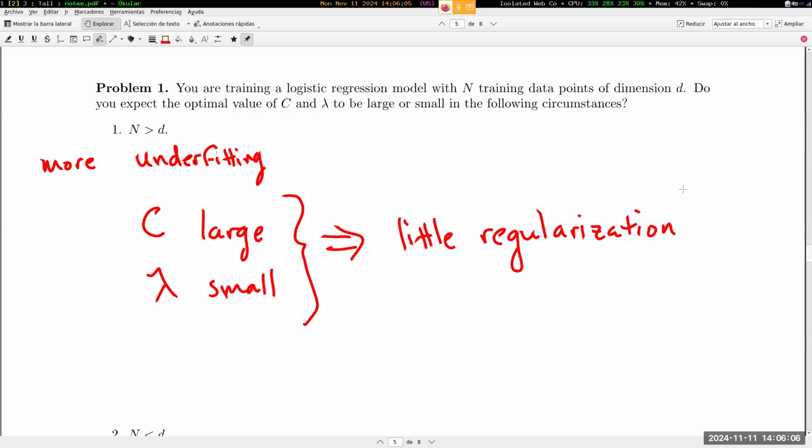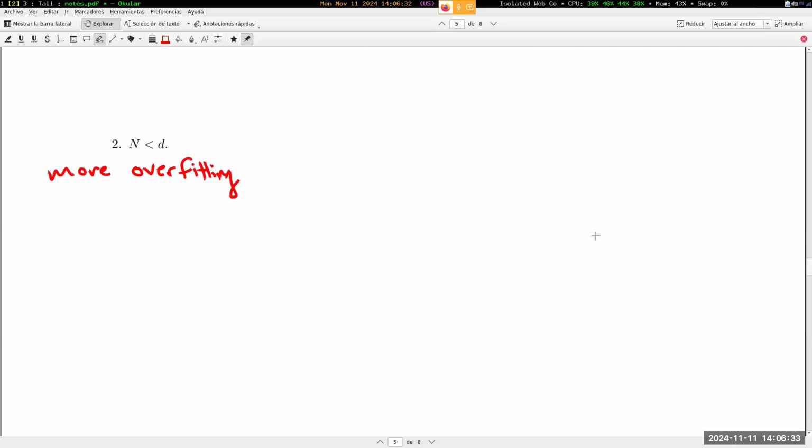And this is usually the realm that we want to be in. Again, if we have that rule of thumb of 10 times the VC dimension being the number of data points, then with N greater than D, we're pretty close to this rule. We're about in the range where we expect good things to happen, and don't need a lot of regularization. But if N is less than D, then we're almost certainly going to be in the overfitting range.